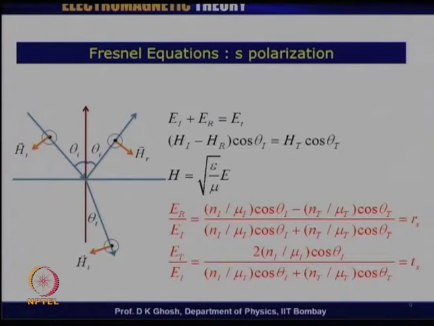In this case, since the electric field is perpendicular to the plane of incidence, I have taken the electric field to be coming out of the plane of the paper, and using the fact that E, H and the direction of propagation form a triad, I have given the corresponding direction of the H. So I have got E I plus E R is equal to E T, and the same way as I did before, H I minus H R times cos theta I is given by this. And if you do that, you get an expression for R S, and an expression for T S.